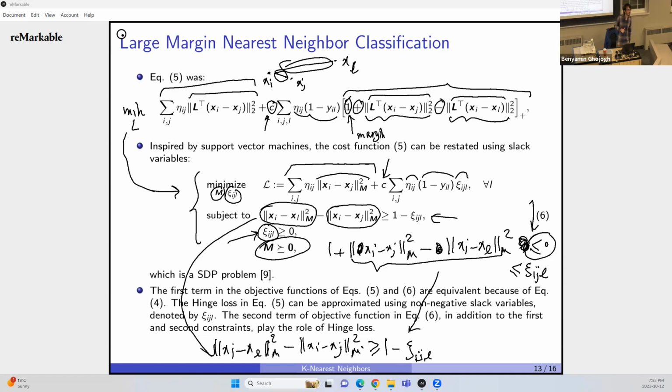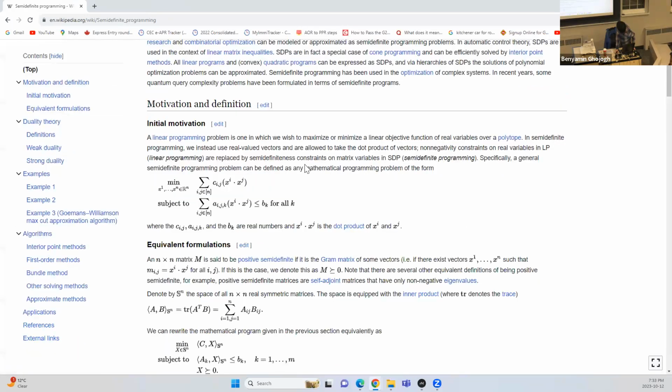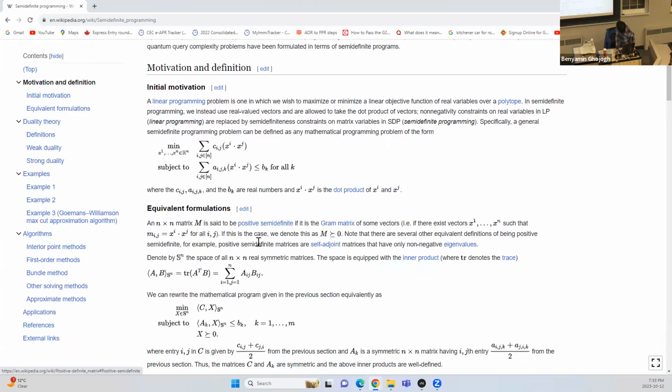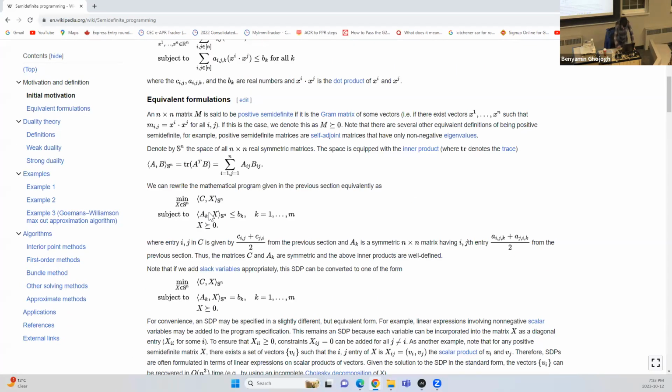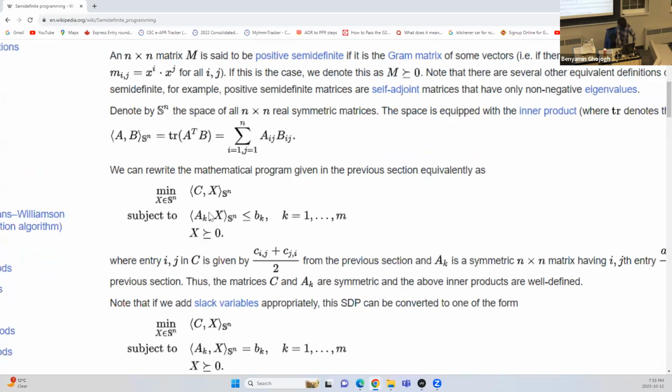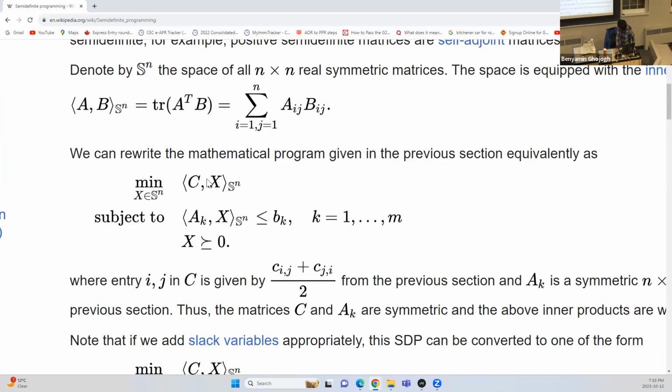Optimization problem? No? So semi-definite programming says that it has some standard form. Whenever you have some kind of optimization form like this, so this is inner product.